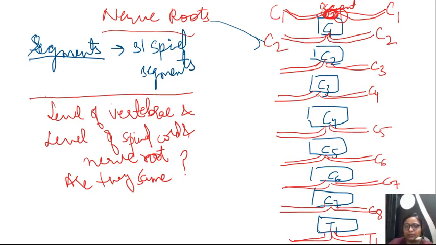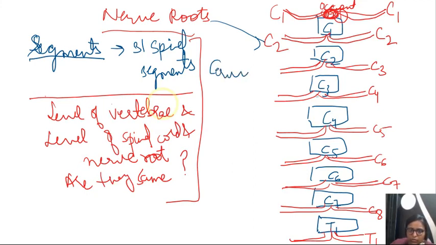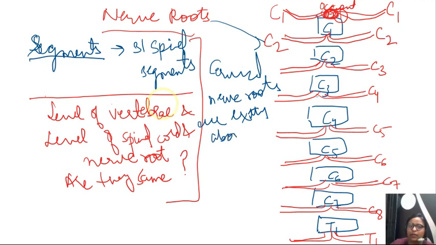Okay, see, your cervical first nerve root is exiting between your occiput and C1 vertebra. So if we see, we can explore that your cervical nerve roots are exiting above the vertebral level, fine.